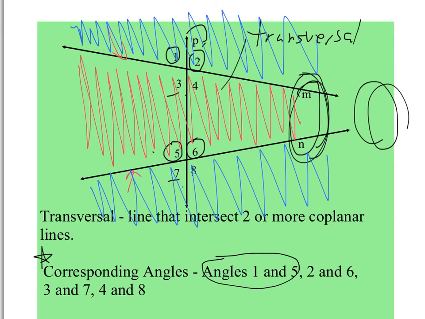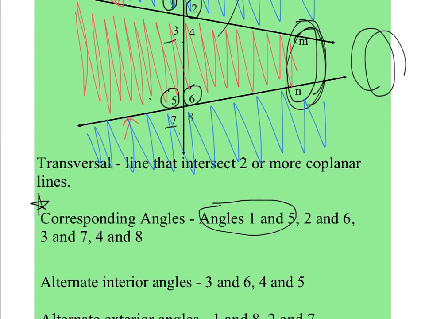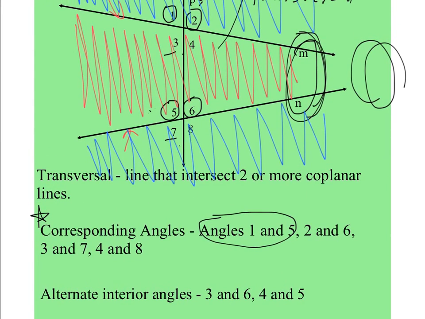So when we talk about alternate interior angles, 3 and 6, I'm going to stick with blue here. 3 and 6 would be considered alternate interior angles because they are on the interior of our two lines, M and N, and they are on alternate sides of the transversal. Notice they're on different sides. 3 is on the left side of the transversal, 6 is on the right side of the transversal. So these are considered alternate interior angles.